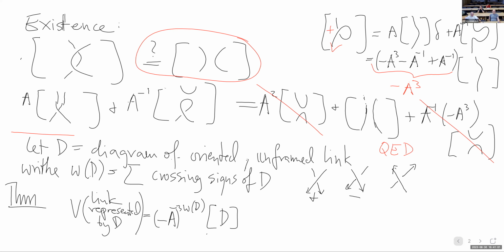If you remember, the Jones polynomial is a polynomial in T, and T is going to be A to the power -4. And I'm smiling because now I think it's -4, not +4. Yes, so that's how you relate those two.